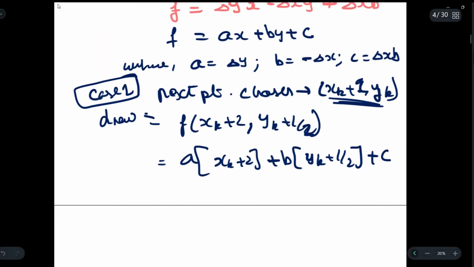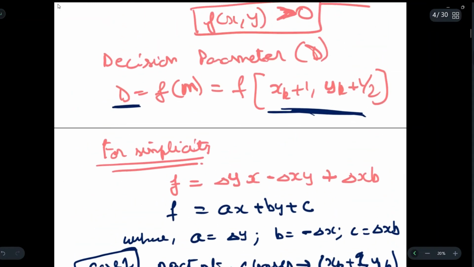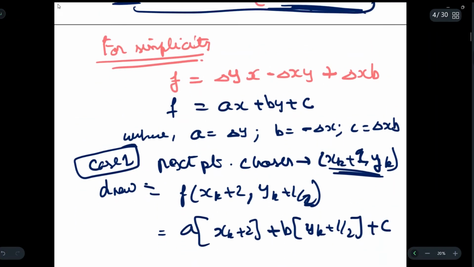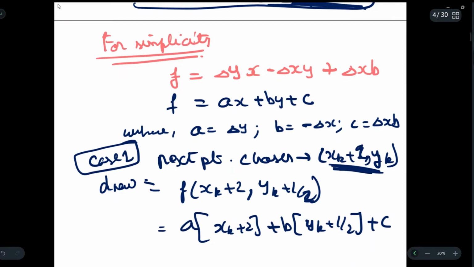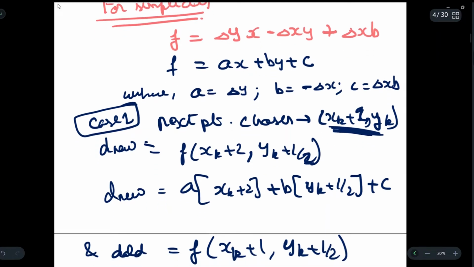Now let us find d old. D old was initially given to us as f of (xk plus 1, yk plus half), that I told you earlier, which is this midpoint. Now we will find d new minus d old.